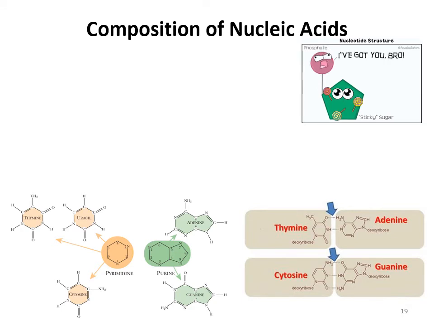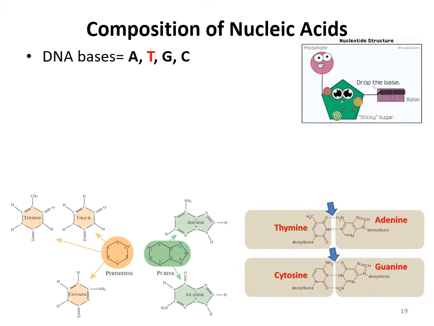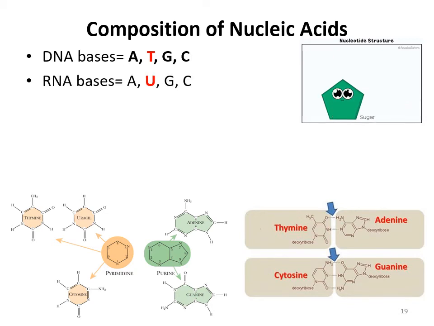Now, when we talk about nucleic acids, like I said, they are made up of what are called nucleotides. And when you have a nucleotide, as you see in this adorable GIF, you have a sugar, a phosphate group, and then a base. And when we say a base or nitrogen base, we mean these letters here.